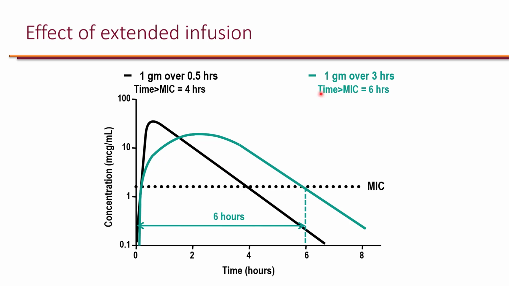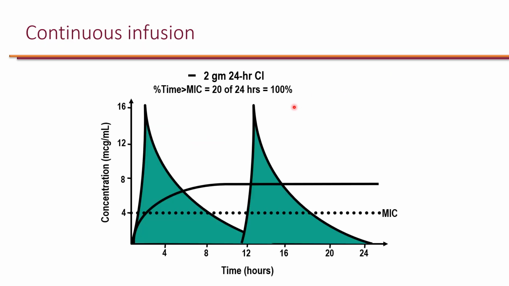And ultimately, we can do continuous infusion. So basically, the entire daily dose can be infused over 24 hours. And once the concentration goes above MIC, because we never stop the infusion, it continues to stay above MIC, and that's how we get a time above MIC of 100% of the dosing interval.